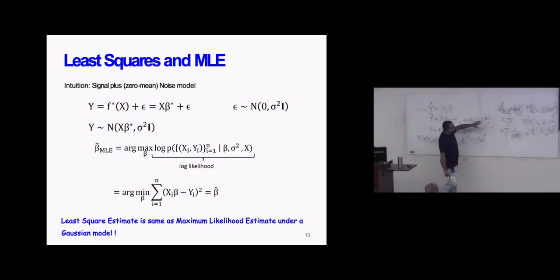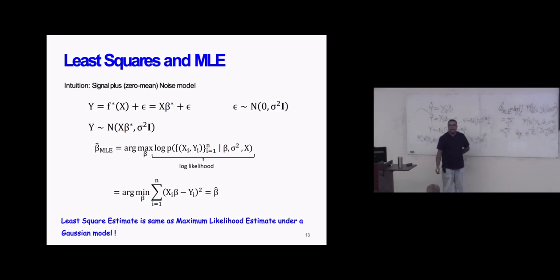Now, in order to find the optimal beta, what terms can we get rid of from here? Can we get rid of sigma? No. Is this term dependent on beta? We can't get it. Can we get rid of this? Yes. So this is a constant term we can get rid of. And again, this is an e to the power function, and we have said adding or removing log doesn't make any difference.